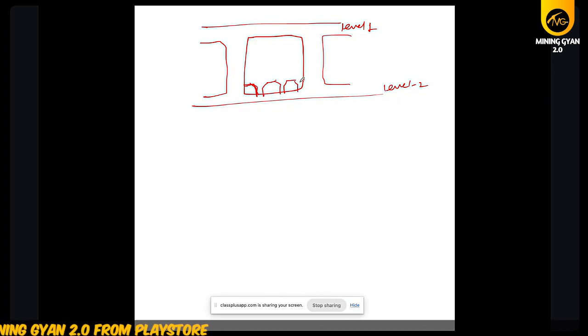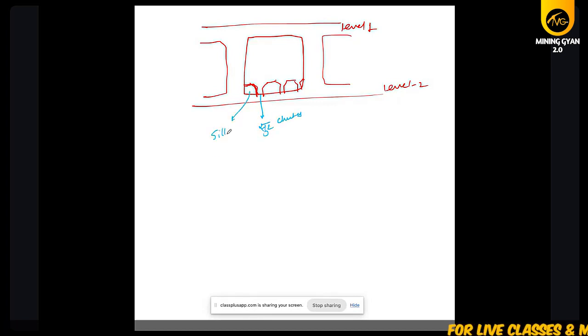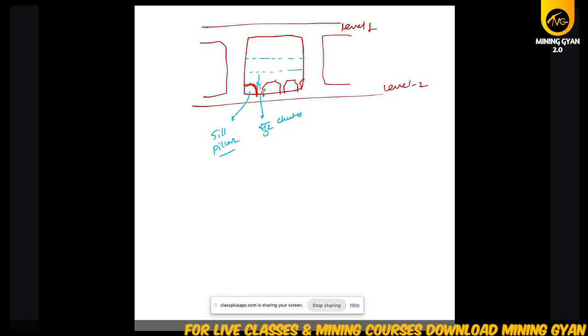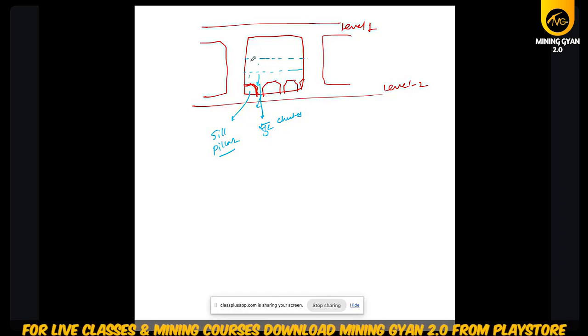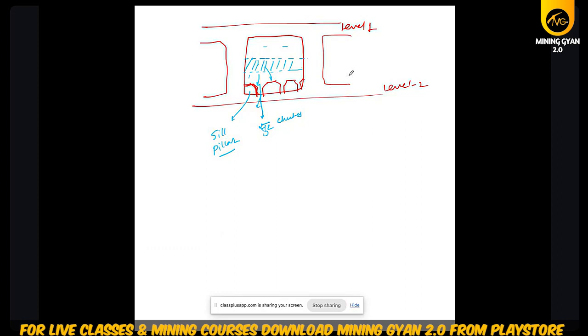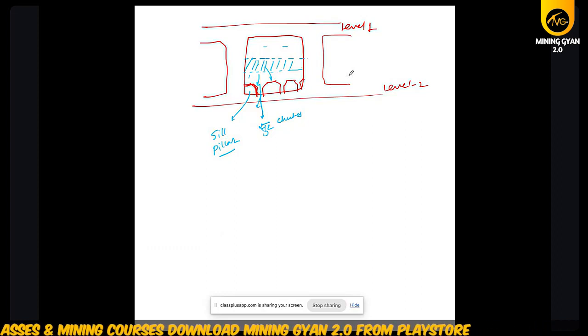As already discussed, this gap is known as chute, and these are the sill pillars. In this method we go one by one. We will blast this material, collect it from the chutes, then we will blast this one, this material will fall down, then we will blast again. This is the shrinkage stoping method.